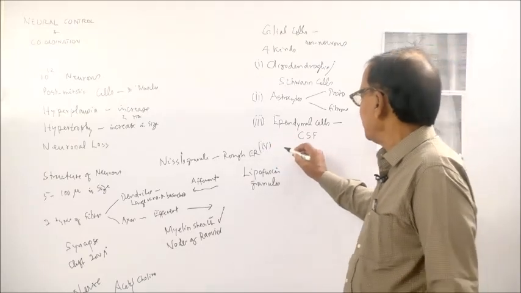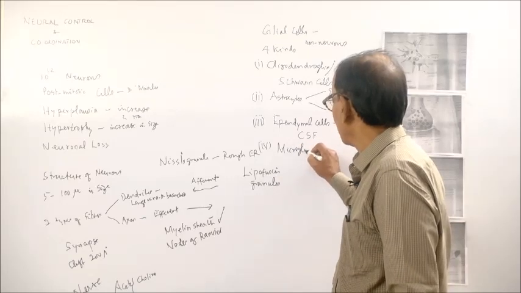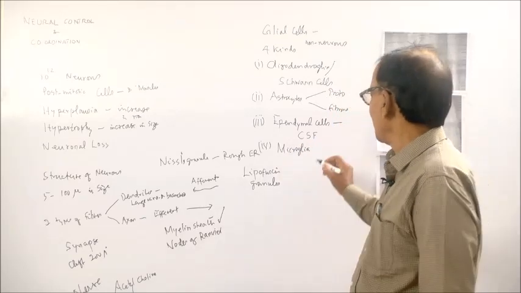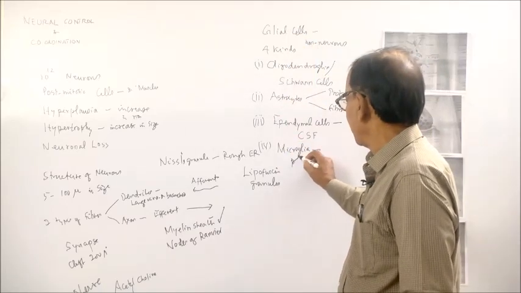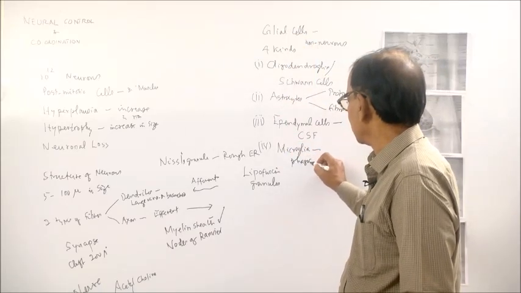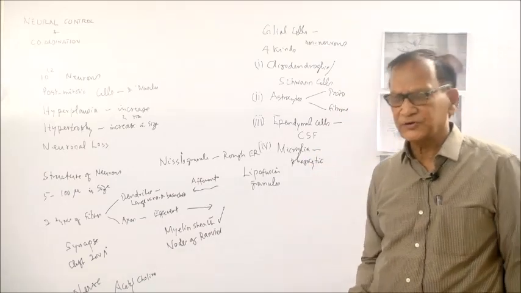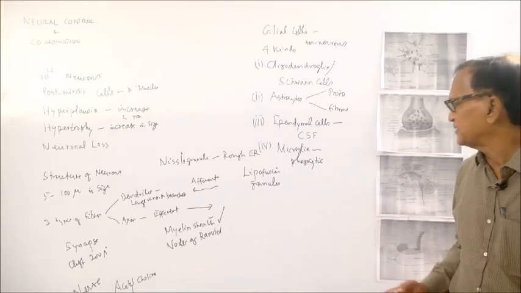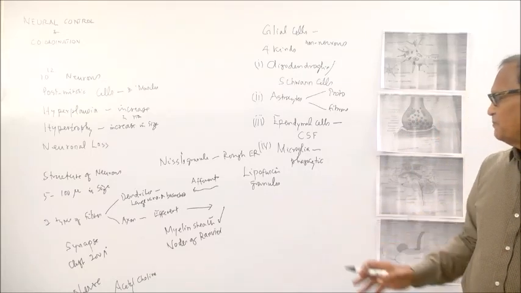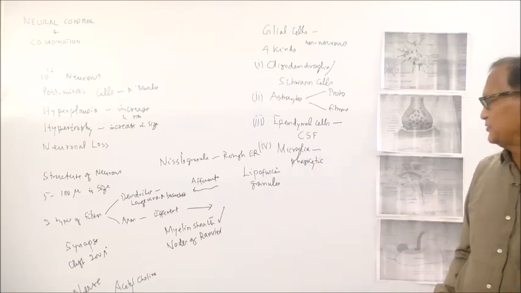Another type is microglia. Micro because of the small size. These microglia are a kind of glial cells that are phagocytic in function. Phagocytic means they protect the neurons by their phagocytic action. So, microglia are phagocytic in nature.